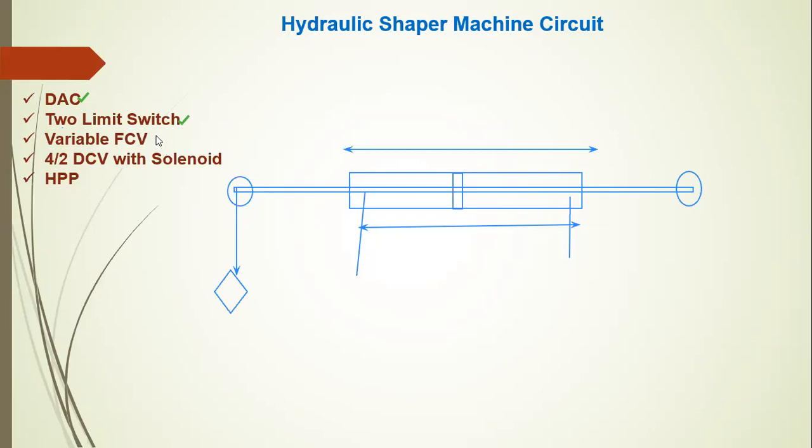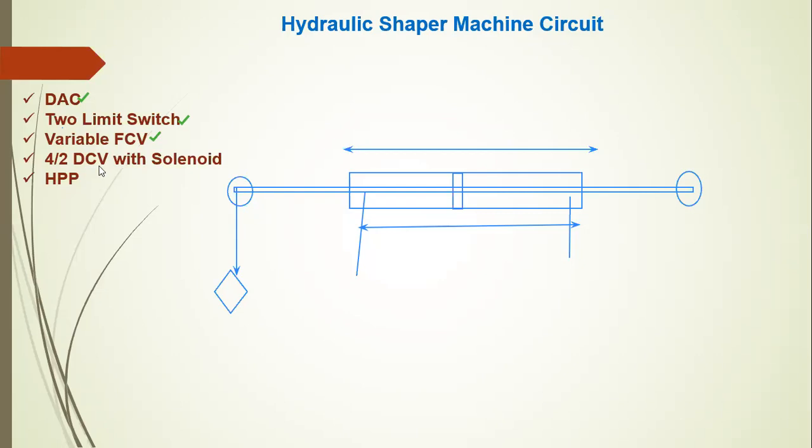Then one variable FCV is required to control the motion of the reciprocating cutting tool. How much feed is given by the double acting cylinder is controlled by the flow control valve, so we require one variable FCV.